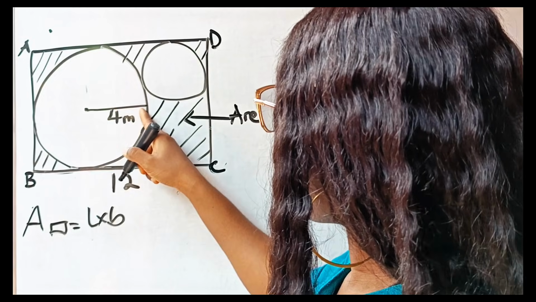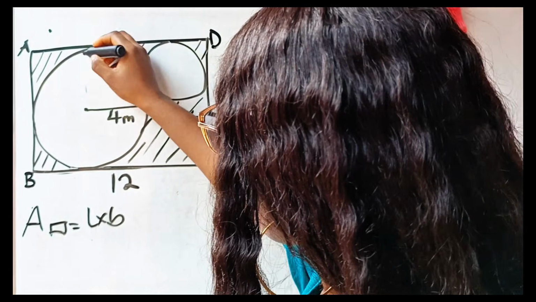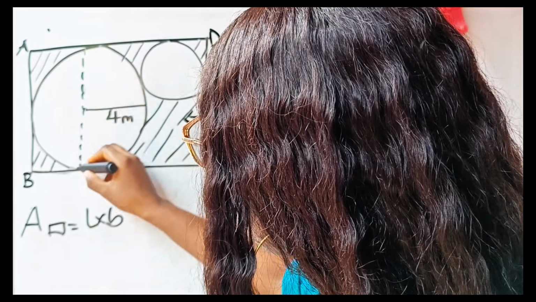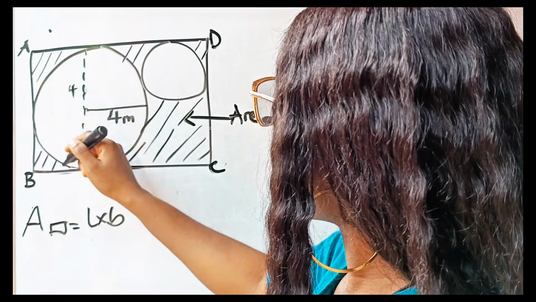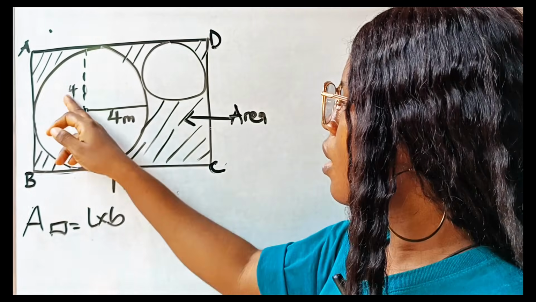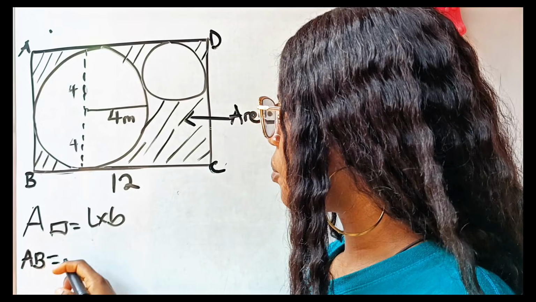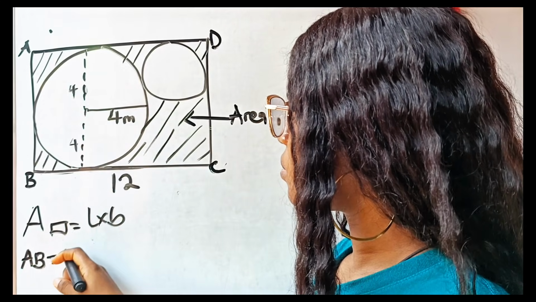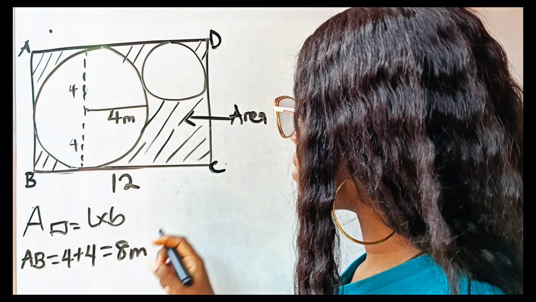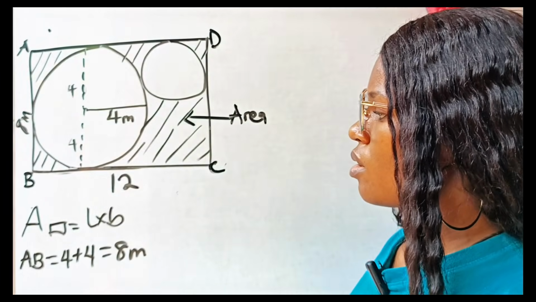We know that from here to here is the radius of this circle. If I drop this across, this should be 4, the radius, and this should be 4 as well. Now AB will be equal to 4 plus 4, which is equal to 8 meters. So we can write here 8 meters.